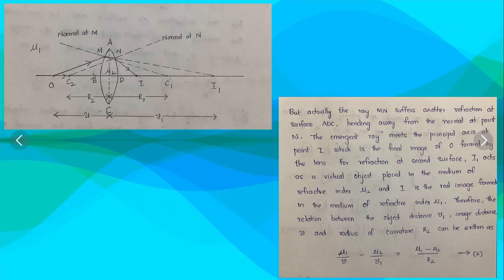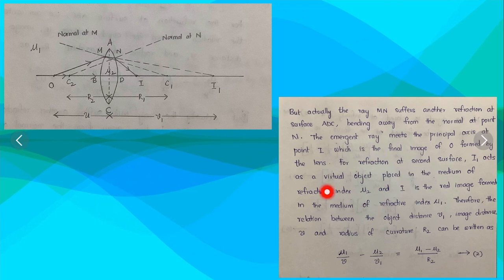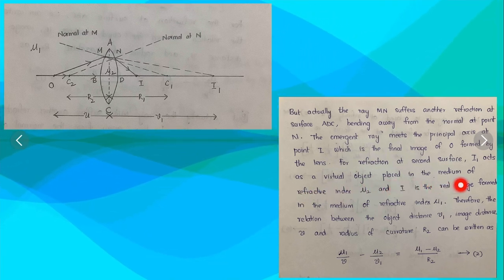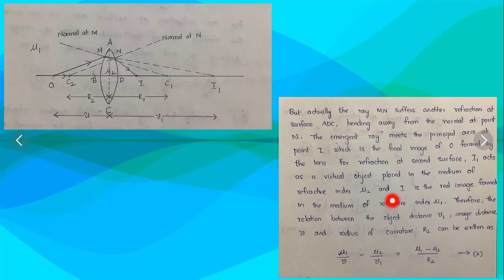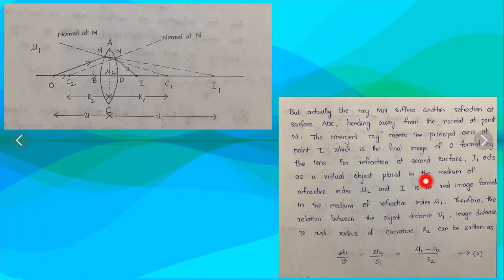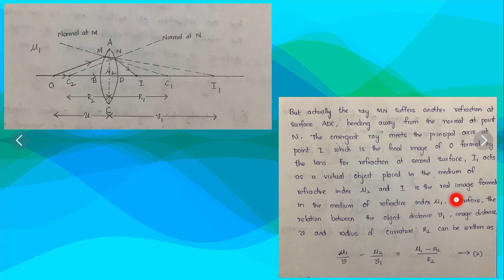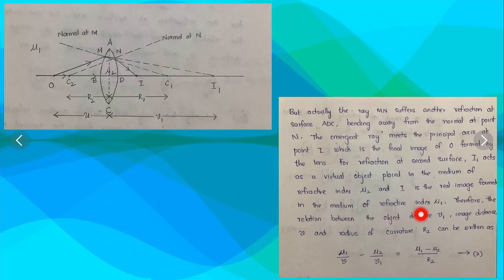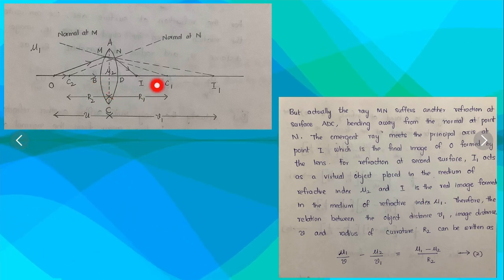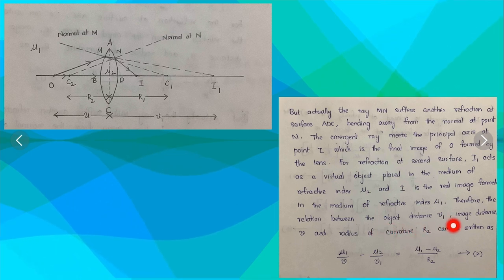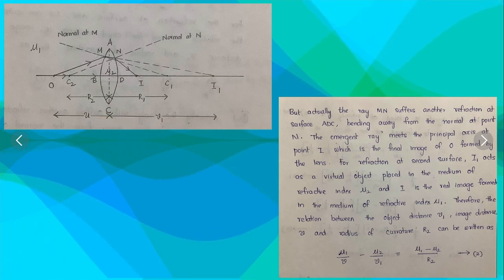So I1 acts as a virtual object placed in the medium of refractive index μ2, that is the glass, and I is the real image formed in the medium of refractive index μ1. Therefore, for this surface ADC, the object distance is V1 and the image distance is V, the distance from here to here.